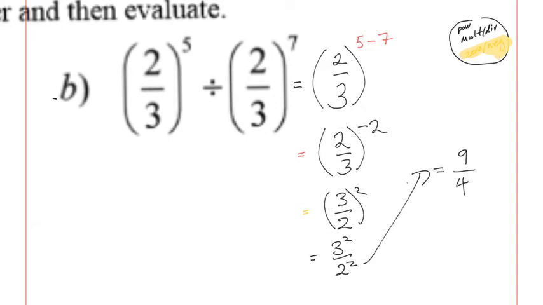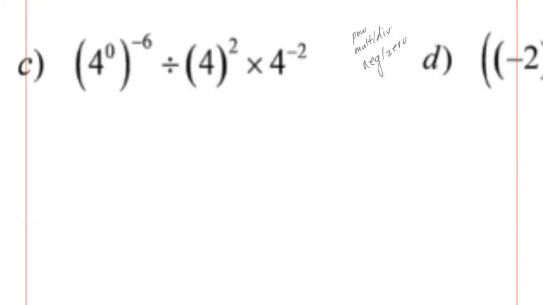Now let's take a look at question 4C. That one's going to be a special question because we have a mixture of power of a power, division and multiplication, and zero and negatives. So the first thing we've got to do is use our power of a power to simplify as much as we can right away.